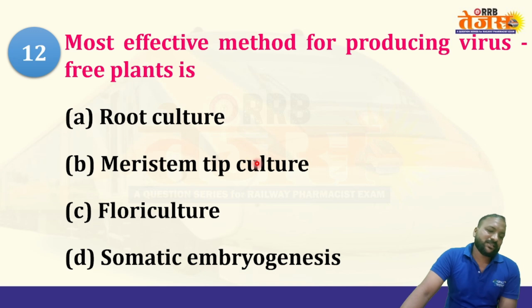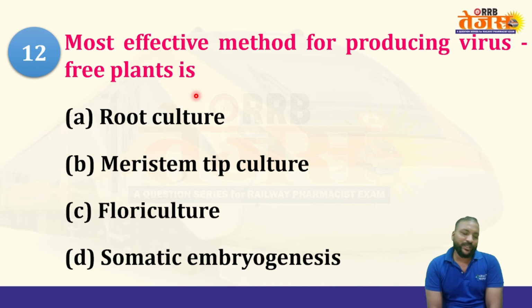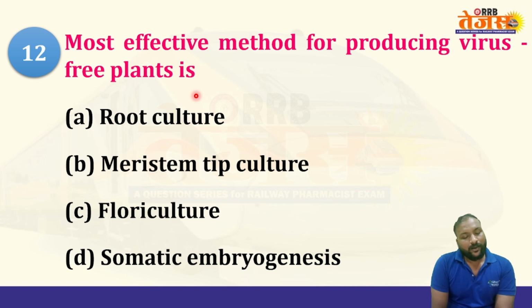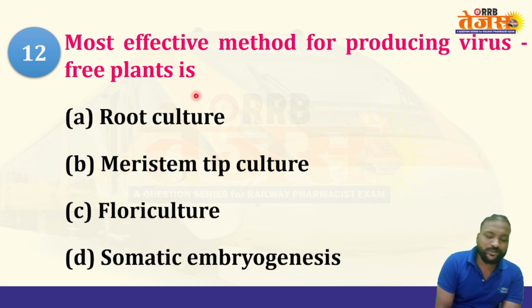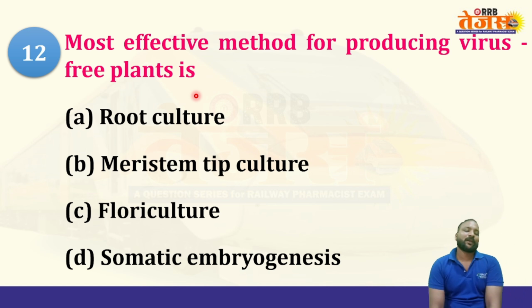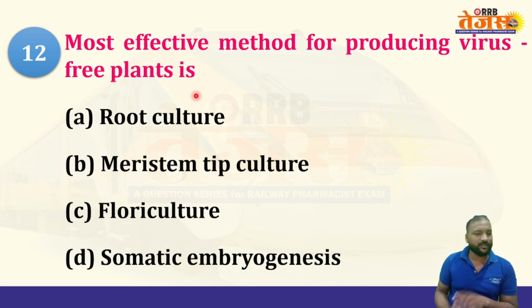12th question in this TEJAS series part 3: what is the most effective method of producing virus-free plants? Now we have entered into the types of culture techniques. One is root culture, hairy root culture, meristem tip culture, floriculture, somatic embryogenesis. Every method of culture technique has a unique application.